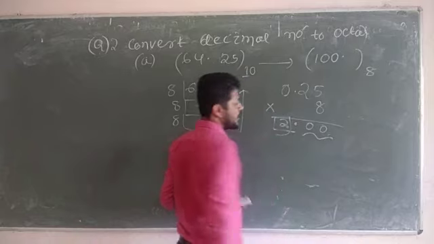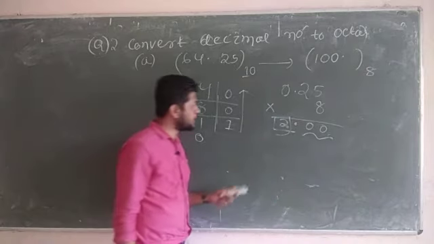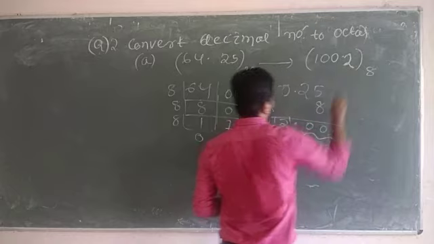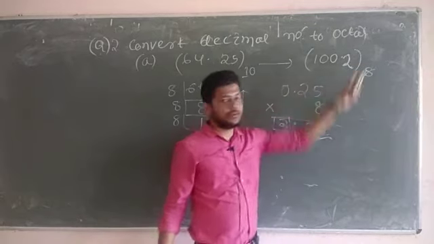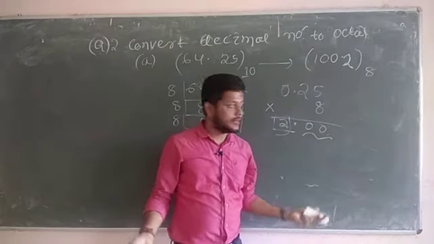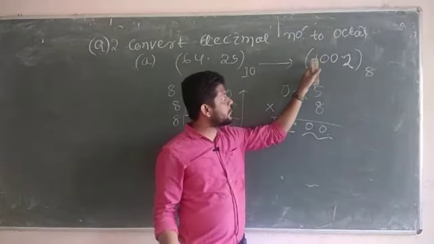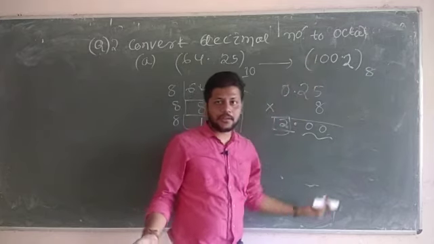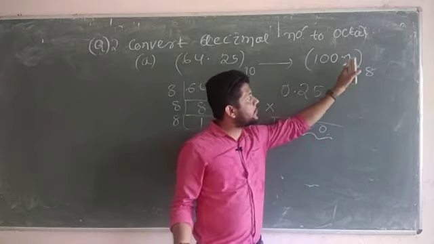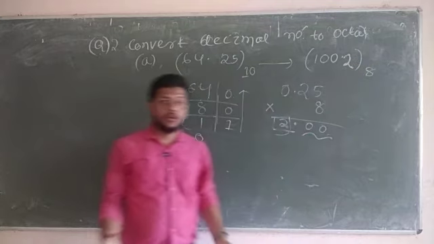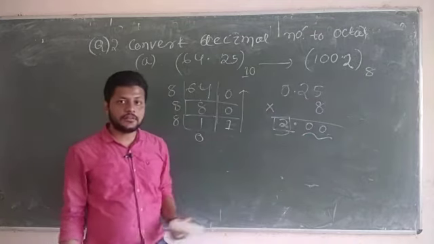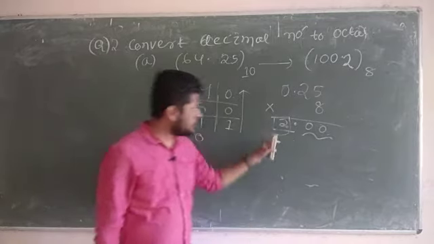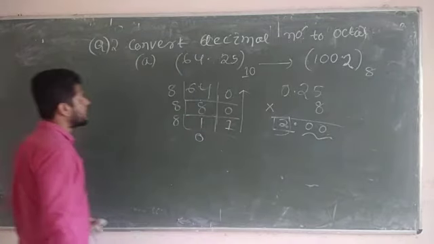The remaining fractional part is 0, so you need to stop from here. Here is 2. If I put 2, 0, that doesn't make any sense. Similarly, writing a 0 on the left side of the integer part doesn't make any sense, and writing a 0 on the right side of the fractional part doesn't make any sense. Hence I stop here. So you need to write 100.2.